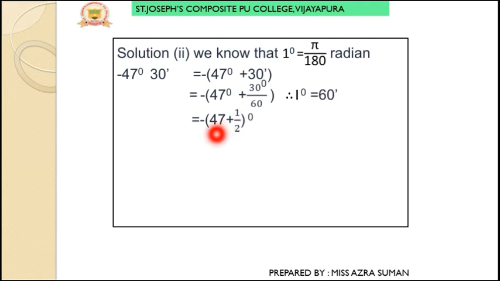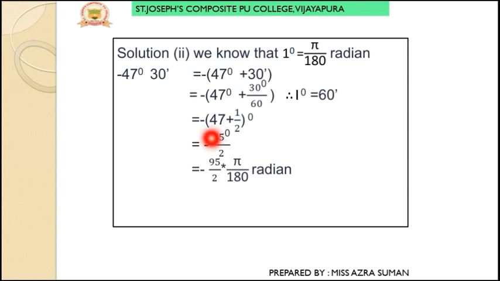Now take the LCM and simplify. You will get minus of 95 degree divided by 2, because here LCM is 2. 47 into 2 is 94 plus 1 is 95 and denominator is 2. So it becomes minus 95 by 2 degree.